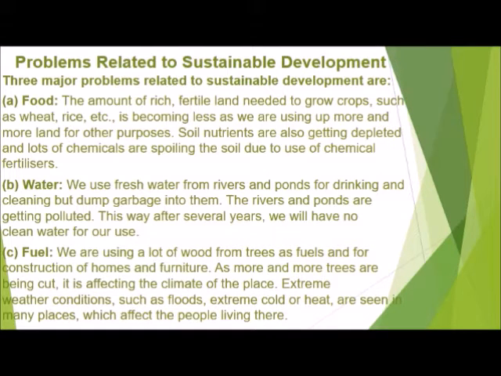Now, what are the problems related to sustainable development? There are three major problems related to sustainable development, which are food, the amount of rich, fertile land needed to grow crops such as wheat, rice, etc. is becoming less because we are using up more and more land for other purposes.